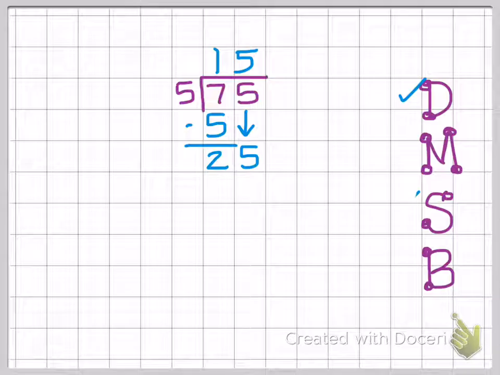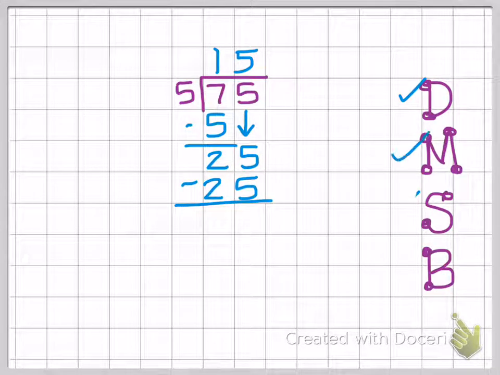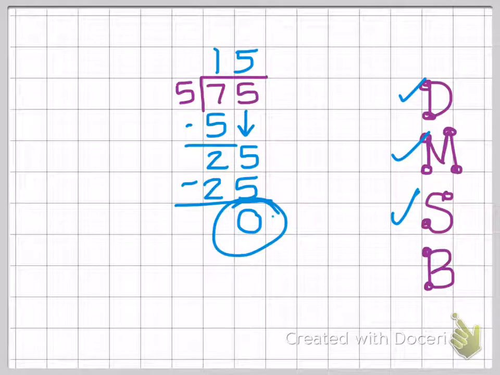Now I multiply. 5 times 5 is 25. I line it up by place value under the remainder that I had last. 25. Now I subtract. 25 minus 25 is 0. I don't have any other numbers to bring down, and I don't have a remainder, so my answer is 15.